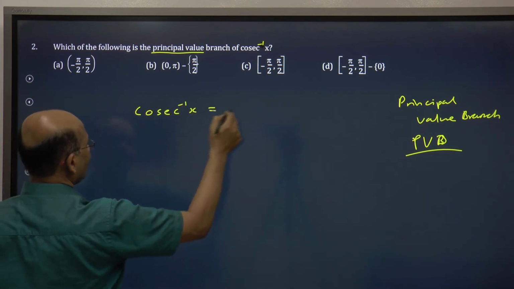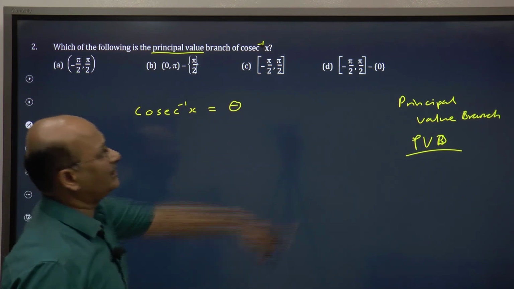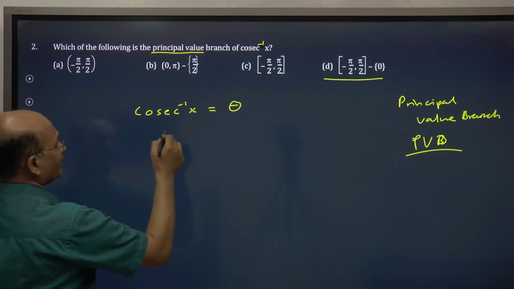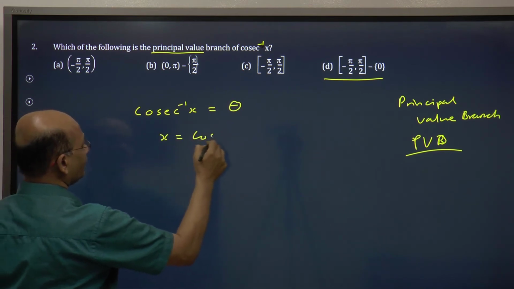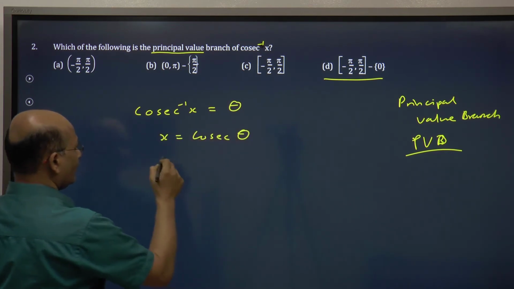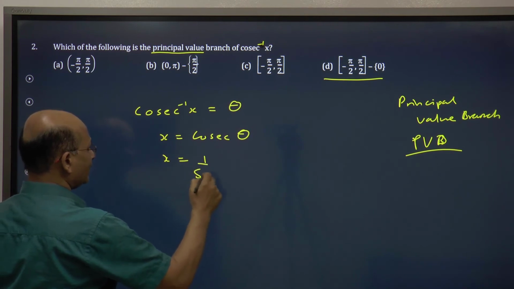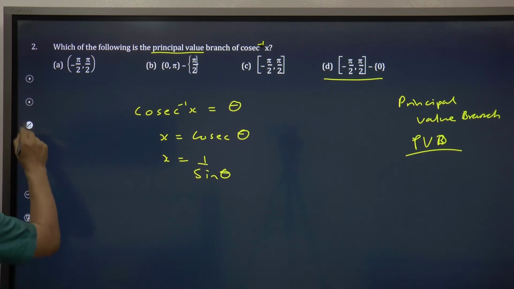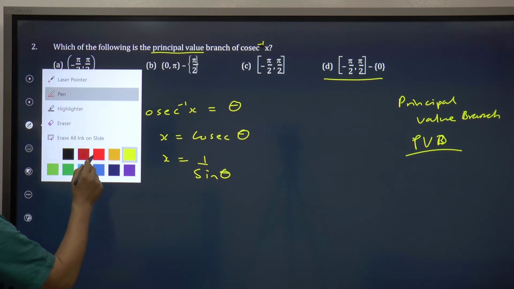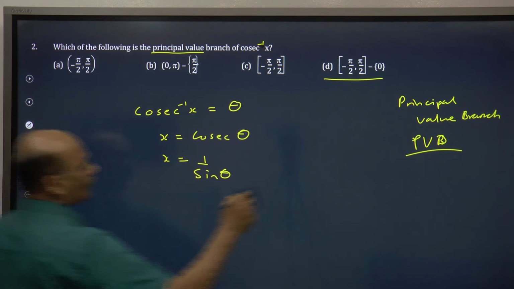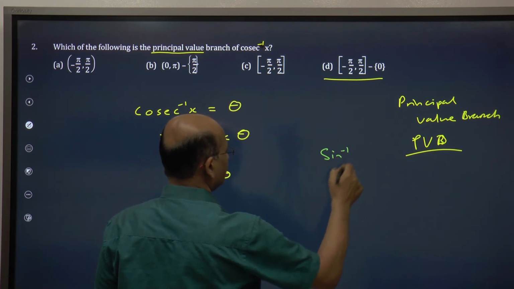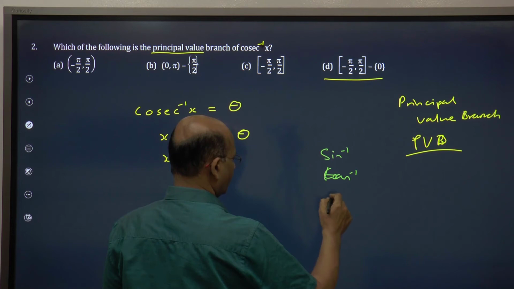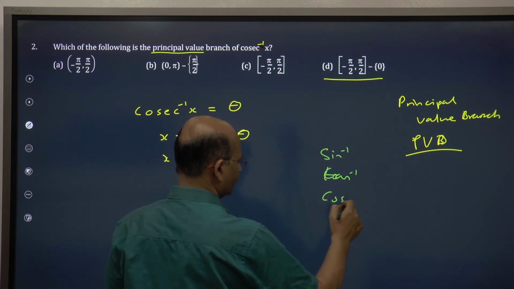Let this be theta. Actually, the direct answer there, the fourth answer, is the right answer. How do I get it? I can write x as cosec theta, so x is equal to 1 upon sine theta, right? Remember, I told you the set which I shared with you: sine inverse, cos inverse, tan inverse and cosec inverse.